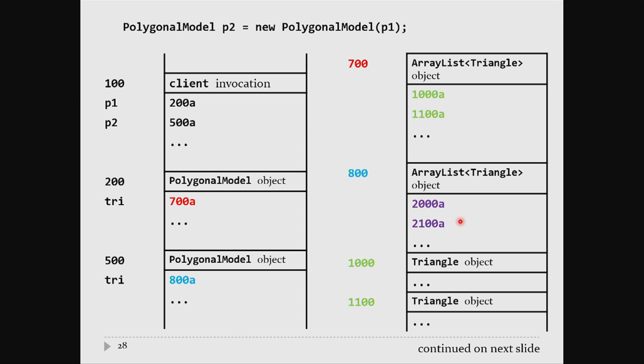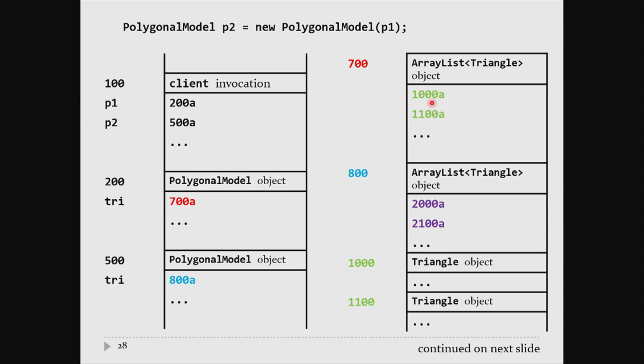Okay, now the picture for this changes once again. So P1 and P2: there's the first model, there's your second model. The first model's list is up here. For the second model's list, I made a new list when I called the copy constructor, so a new list appears in memory. And now the copy constructor loops over that list and makes a copy of every triangle that's in that list.